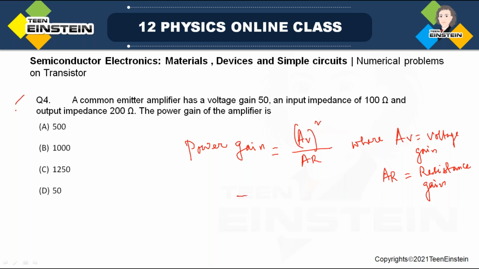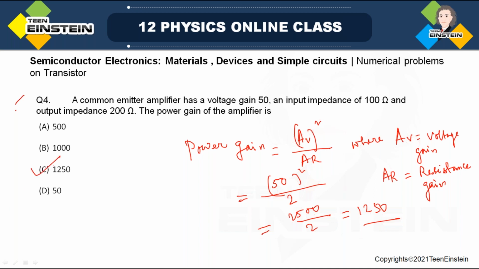Voltage gain square means 50 whole square, divided by resistance gain, which we have already found to be 2. So this is power gain, and there will be no unit anyway. Gain is a number, a multiplicative factor. So option C will be your correct answer here.